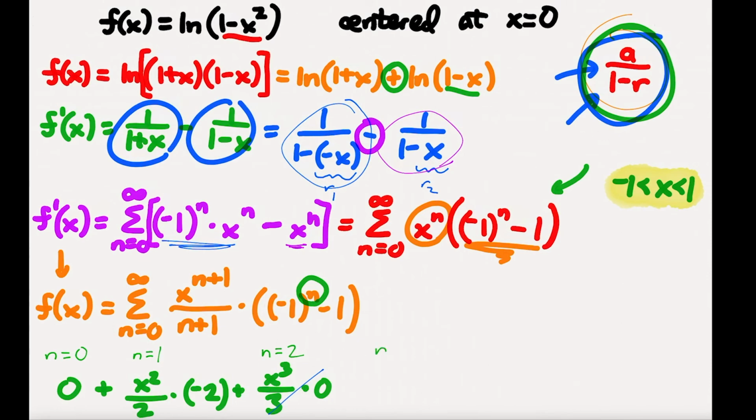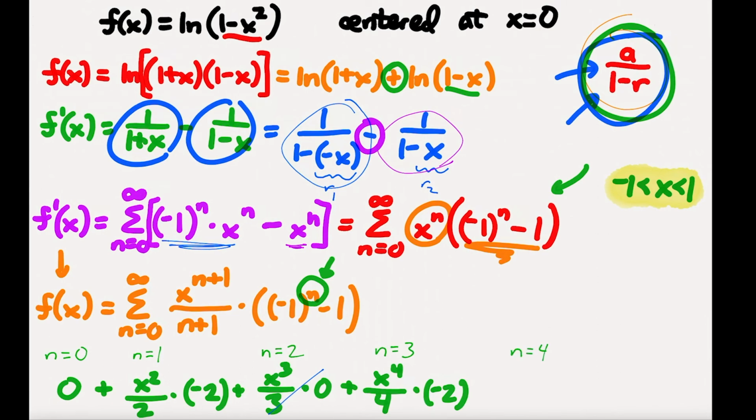Okay, the next one, n equals 3. It's going to be x to the 4th over 4 times, again, that -1 minus 1, because if you plug in 3 for this n right here, it's going to be -1 minus 1, which is just -2. So I'm going to put a -2 in there. Okay, again, you can kind of see the pattern already, but let's just do one more for fun.